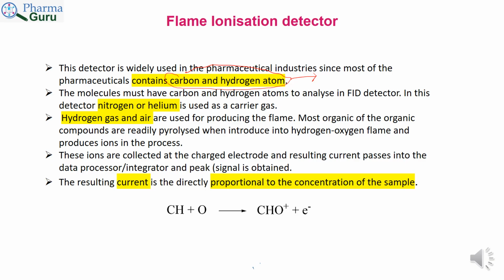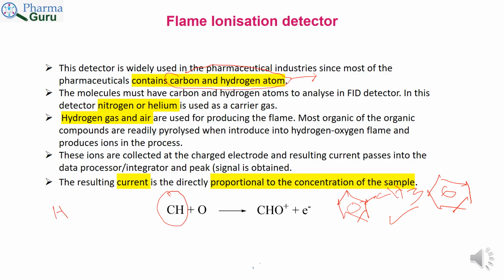As I told you, compound must have the oxidizable carbon atom like toluene, benzene, ethanol, methanol, isopropyl alcohol, acetone can easily be analyzed on GC using FID detector.